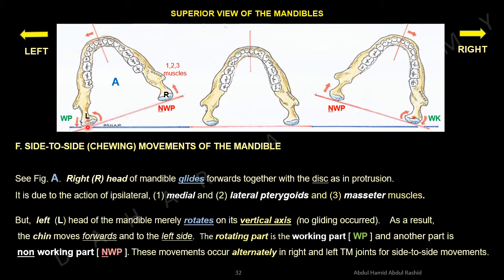The rotating part is called the working part, WP. But the opposite one, which is the non-rotating part, is called the non-working part, NWP. These movements occur alternately in right and left TM joints for side-to-side movements.